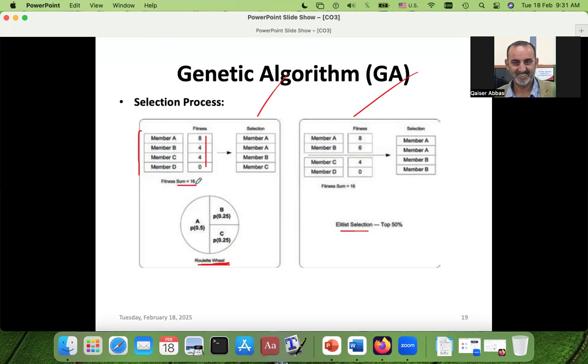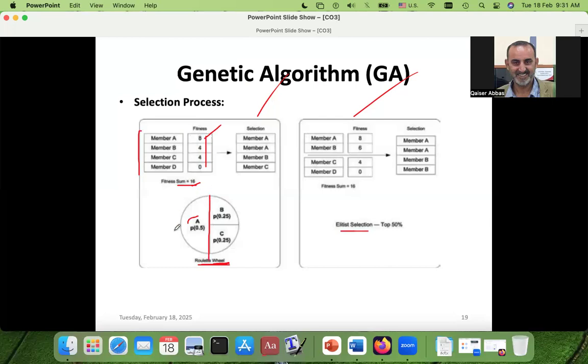And then you can calculate the percentage of each. This 8 is half of this 16. So now A will get half of the wheel from this wheel.